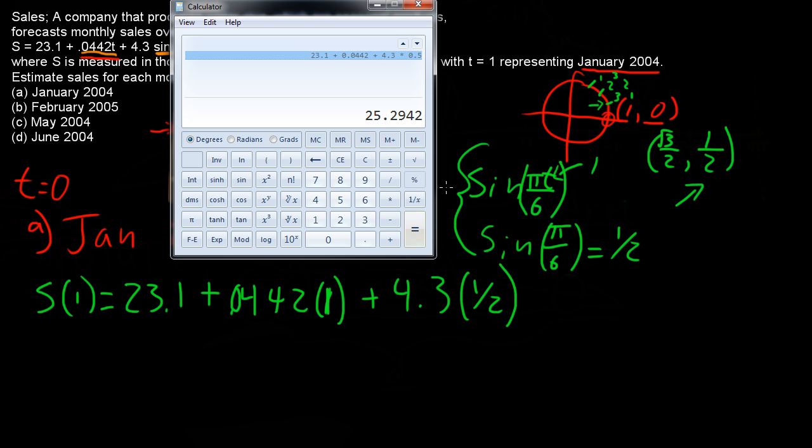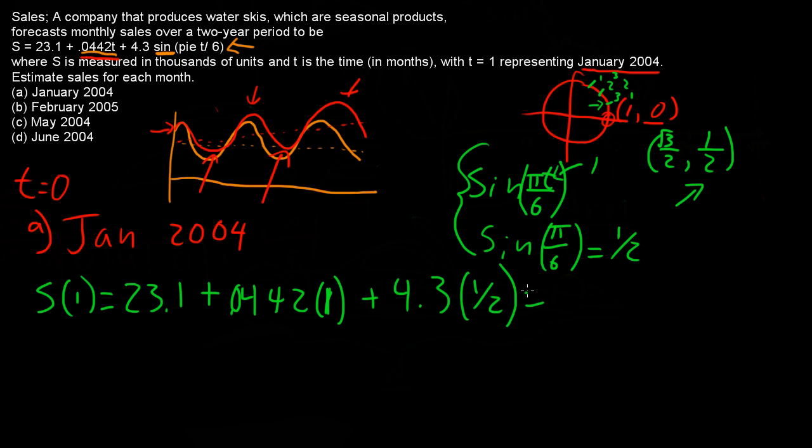Alright, so we're left with 25.29, so this is going to equal 25.29. Now, remember, right here it says where S is measured in thousands. So this is going to be 25.29 thousand.